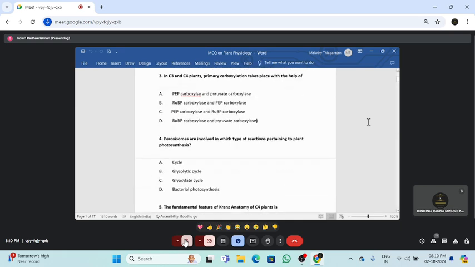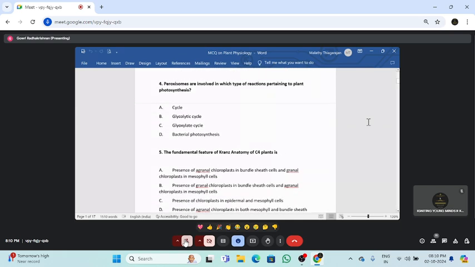Very good so far. Peroxisomes are involved in which type of reaction pertaining to plant photosynthesis? Glyoxylate cycle. That's called the glyoxylate cycle. So option C.